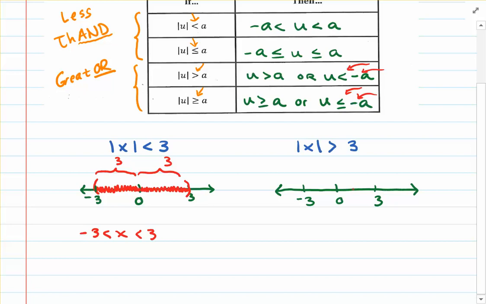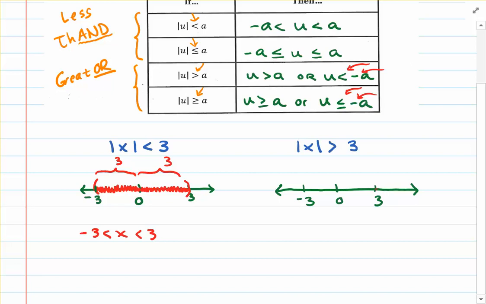In fact, let's think about an answer for x that's positive that would have a distance away from 0 greater than 3 units. Can you come up with one? Maybe x equals 4, right? And of course 4 is to the right of 3 on the number line, but even more importantly, 4 has a distance away from 0 that's greater than 3 units.